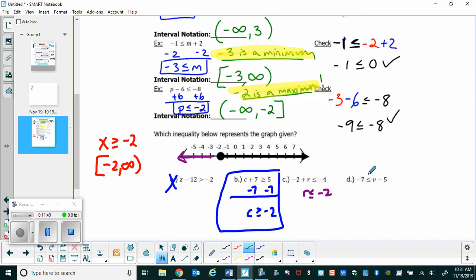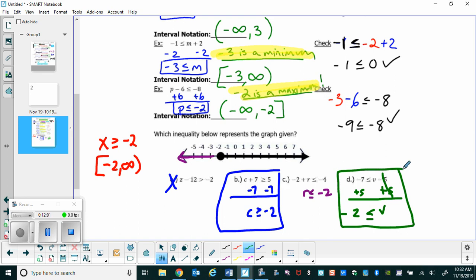And for answer choice D here, you'd add 5 and add 5. And here this cancels out, and we get v is greater than or equal to negative 2. So here we can see that actually both of these would be the inequality that matches. And that takes care of the video on pages 1 and 2. Thank you.